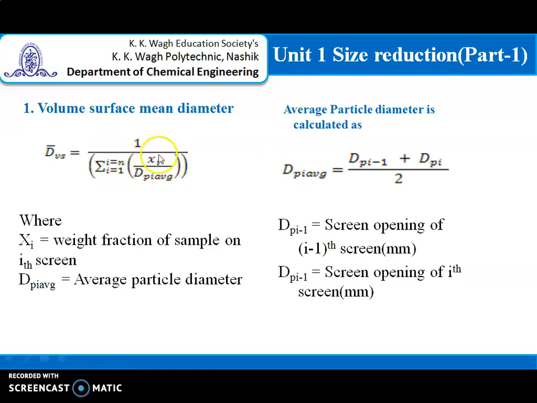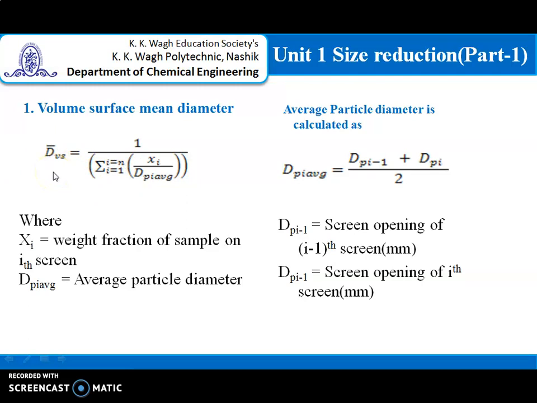Thereafter, take the weight fraction of the material retained on that screen divided by the average particle diameter. If this term is determined for all the screens, then 1 upon the summation of xi upon dpi average, where i varies from 1 to n, will give us the volume surface mean diameter.